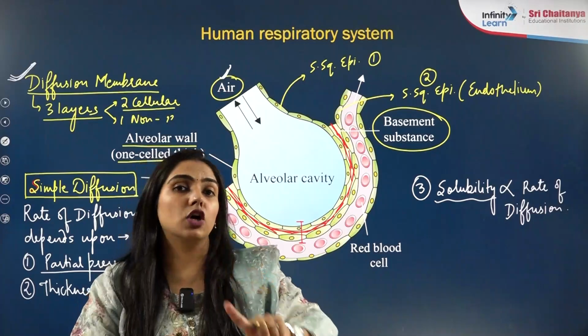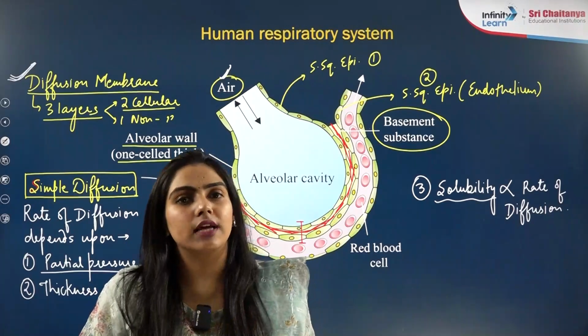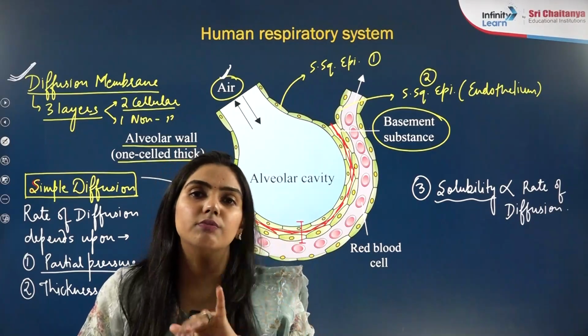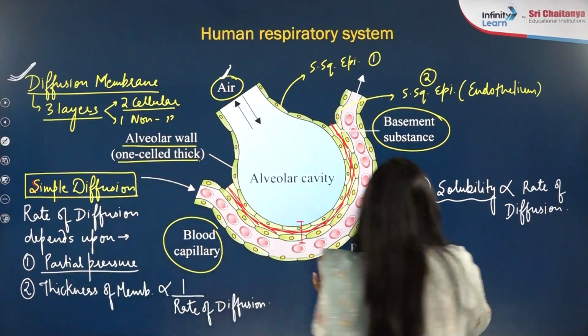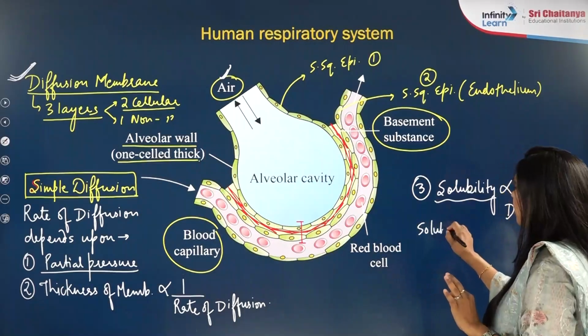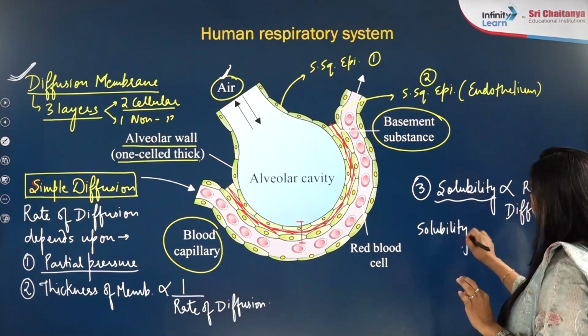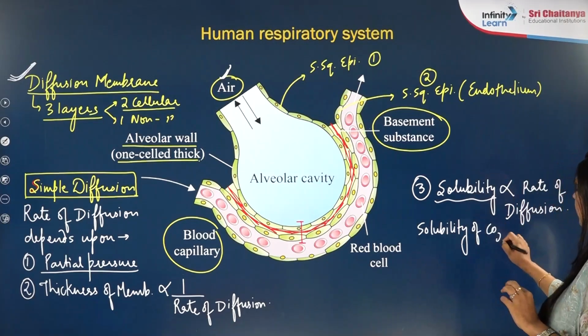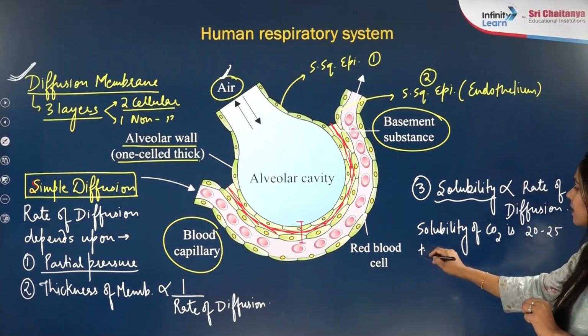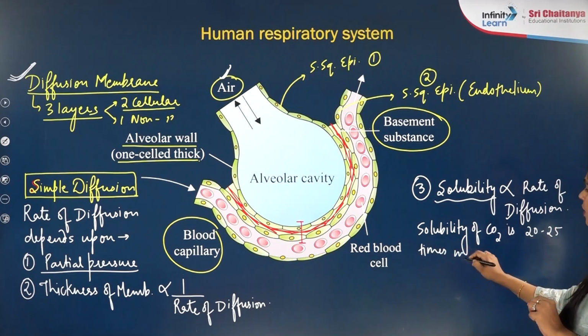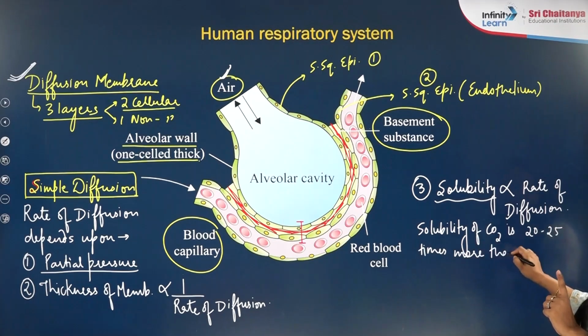If we compare the solubility of oxygen and carbon dioxide, then the solubility of CO2 is more than oxygen. How many times more? The solubility of CO2 is 20 to 25 times more than oxygen.